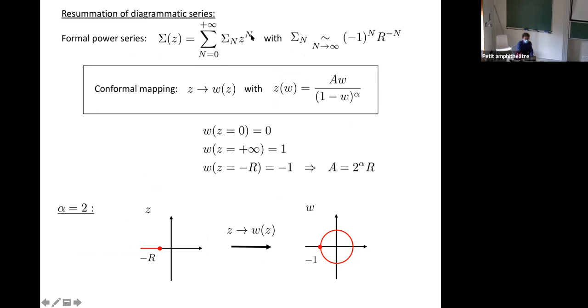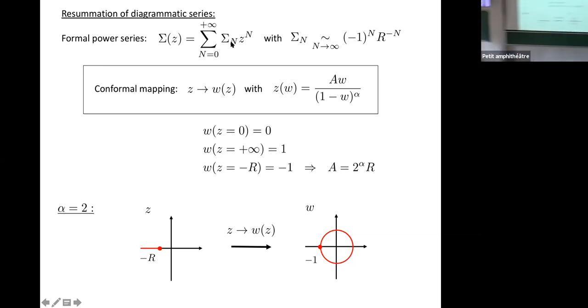If you want the physical answer, we need to evaluate this function sigma of z at z equal 1. On the other hand, we know that sigma n increases exponentially in this way, and r is smaller than 1. So the series is divergent at the physical point z equal to 1.